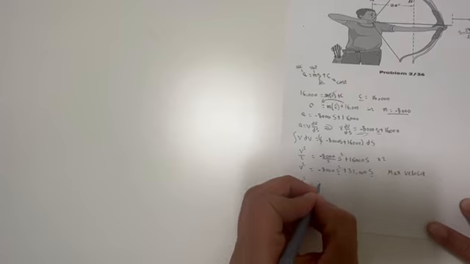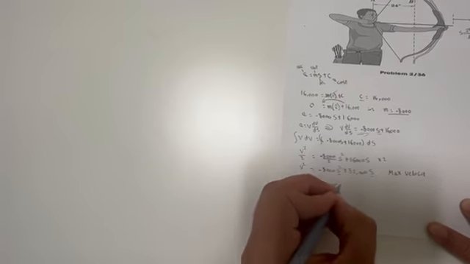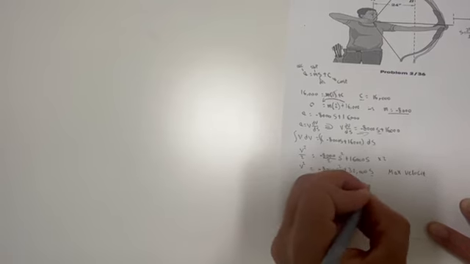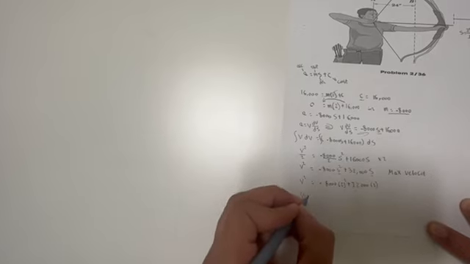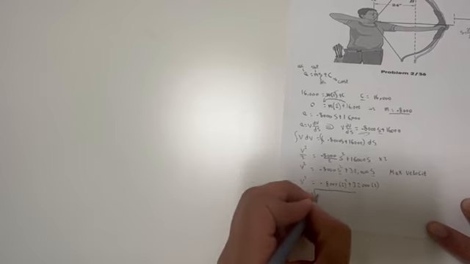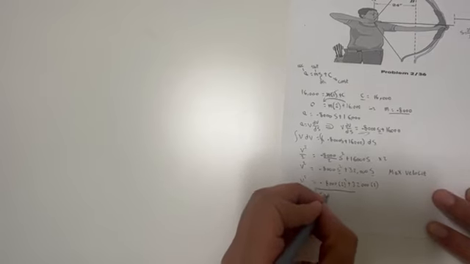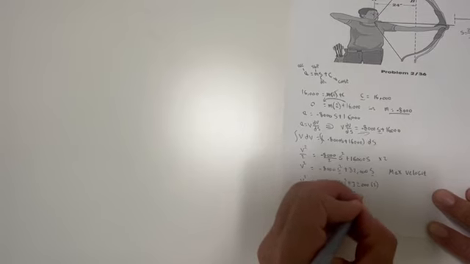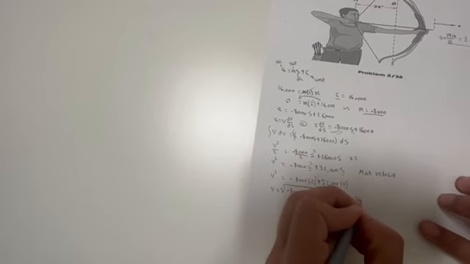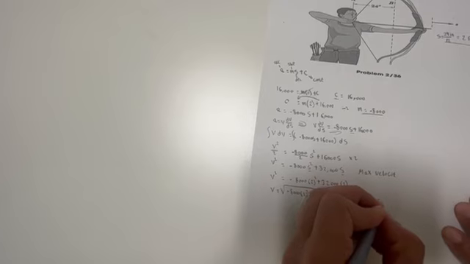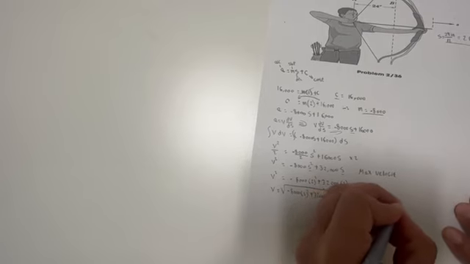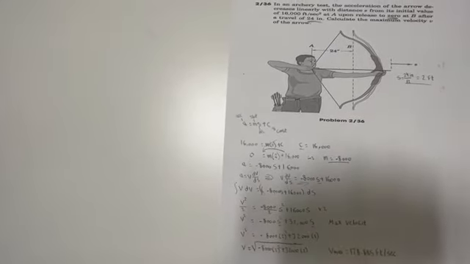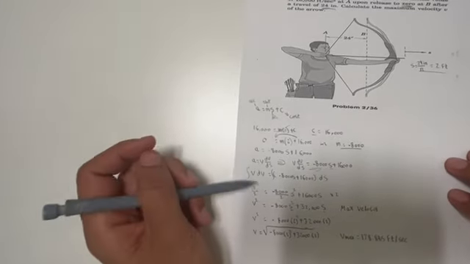So v squared equals negative 8,000 times 2 squared plus 32,000 multiplied by 2. v equals the square root of everything. So v max equals 178.85 feet per second.